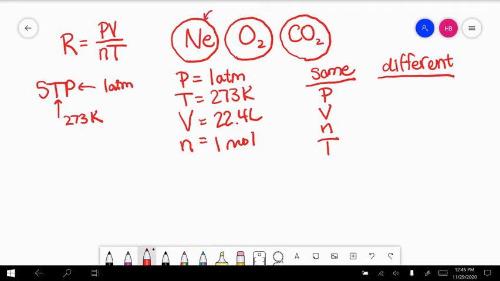Neon and oxygen and carbon dioxide have different molar masses that you would look on the periodic table of the elements to come up with. 32 for oxygen. Carbon dioxide is 32 plus 12.01 or 44.01. And these are in grams per mole. So we definitely know that something that's different about these gases is their molar mass.